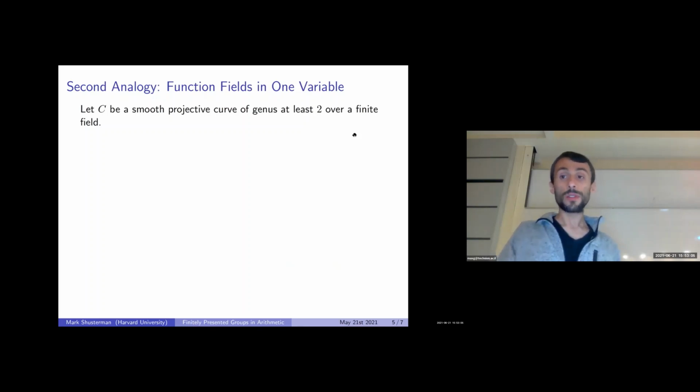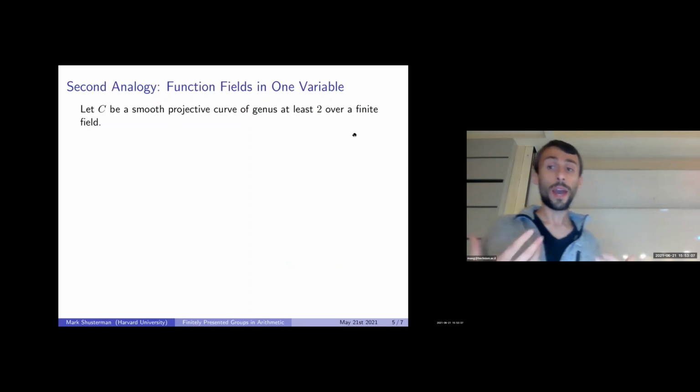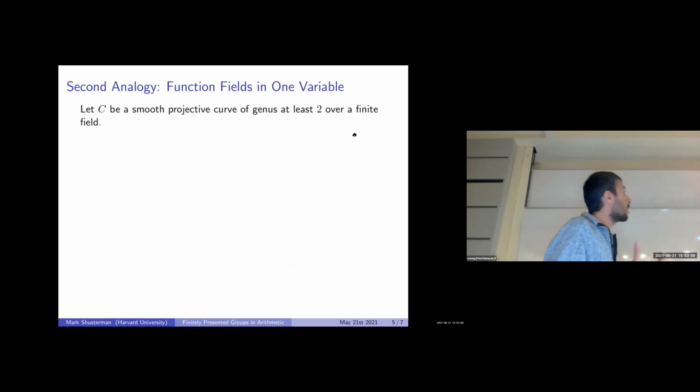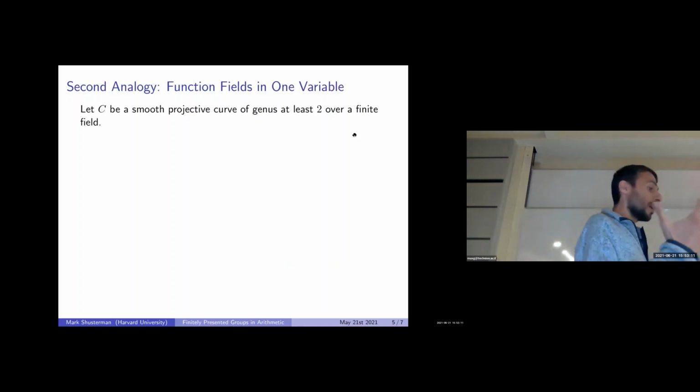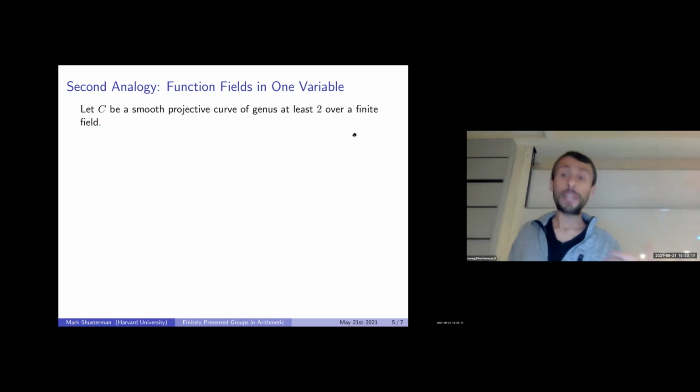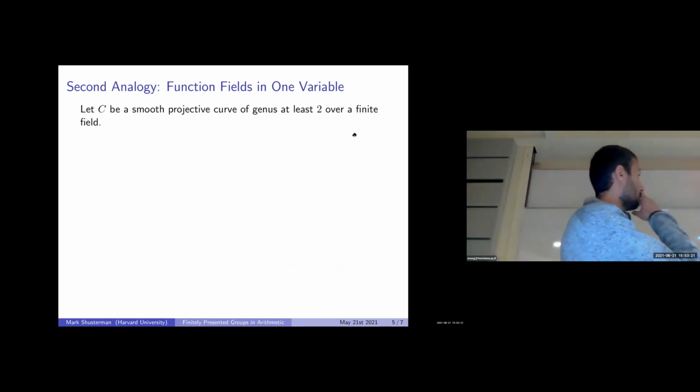All right, so now to the second analogy. I have already had one analogy, which is quite vague, between three manifolds on one hand and rings of algebraic integers on the other hand. But then there's a next analogy between rings of algebraic integers and function fields.